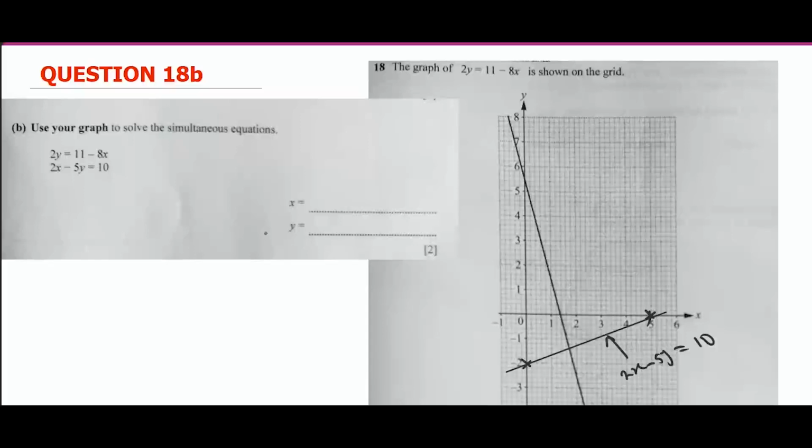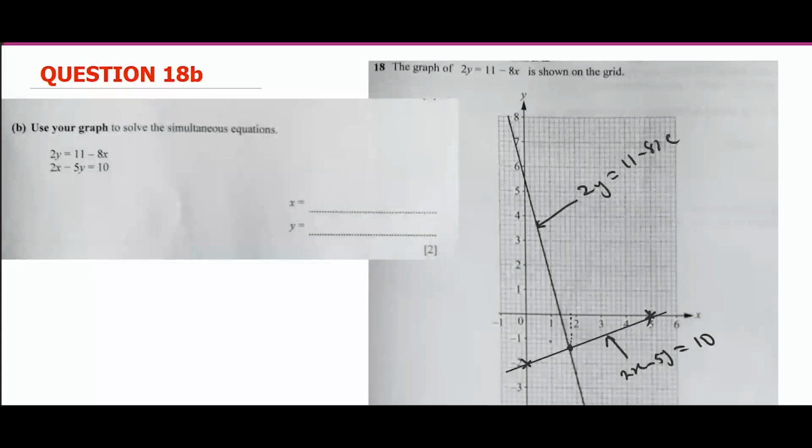So the first one, 2y equals 11 minus 8x, and the second one is for 2x minus 5y equals 10. So they meet at this point here. This is the point where they meet. So we're going to get the x and the y value.